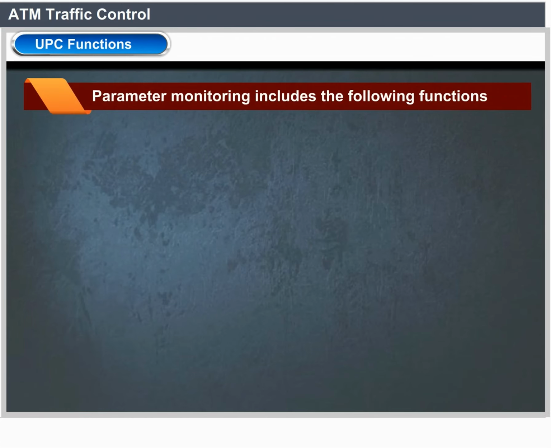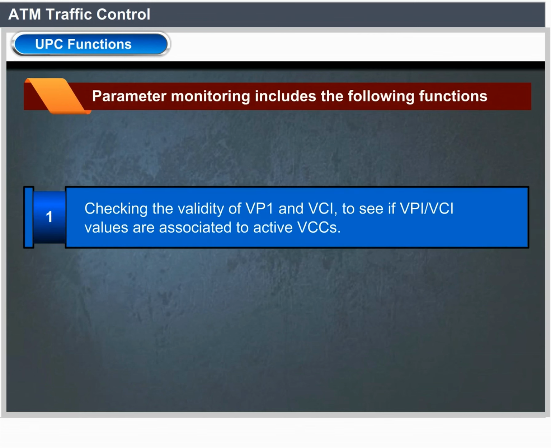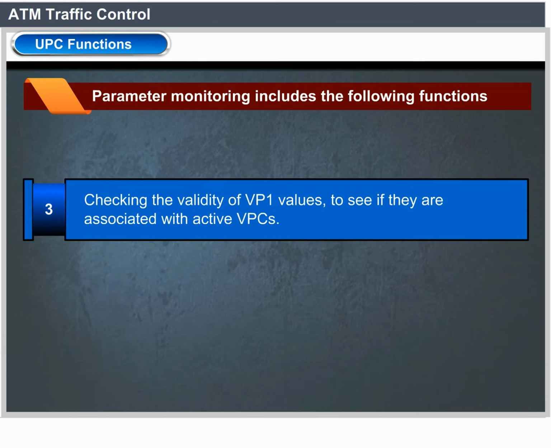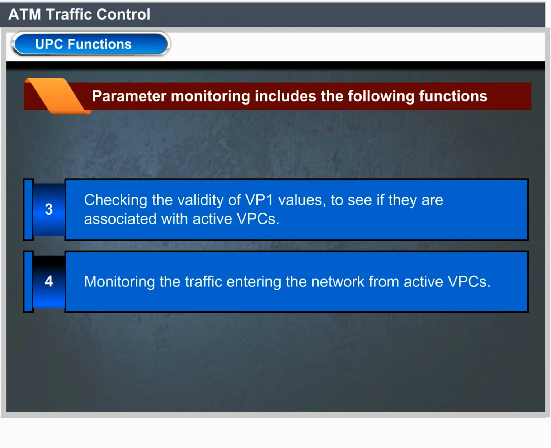Parameter monitoring includes the following functions: checking the validity of VPI and VCI to see if they are associated with active VCCs, monitoring the traffic entering the network from active VCCs, checking the validity of VPI values to see if they are associated with active VPCs, monitoring the traffic entering the network from active VPCs.